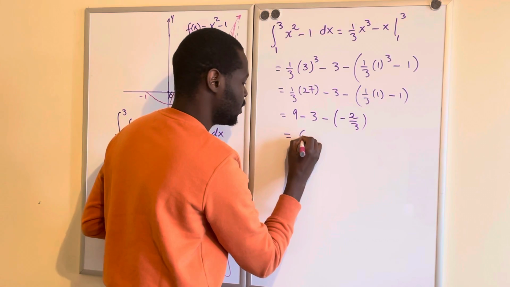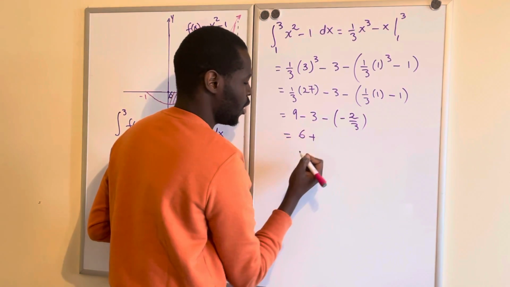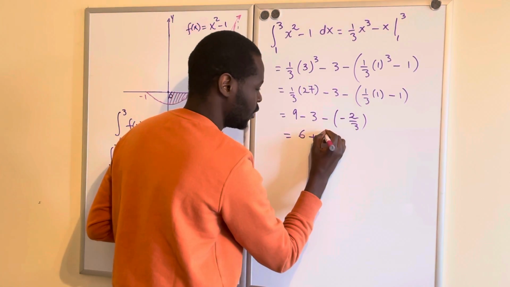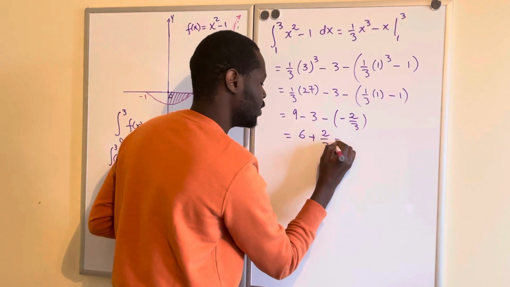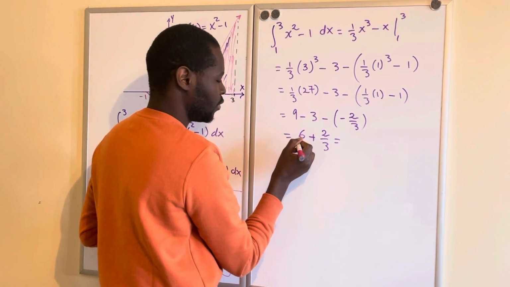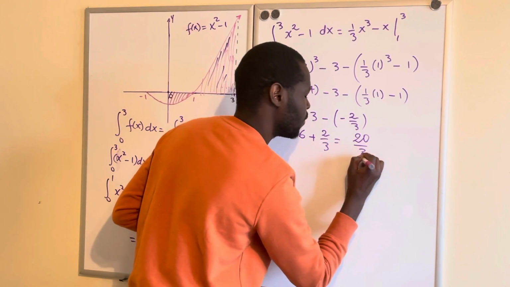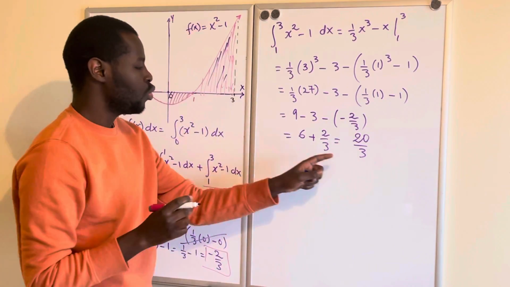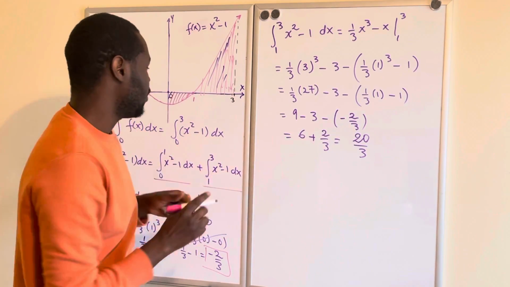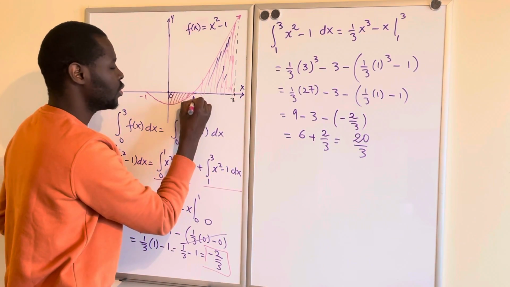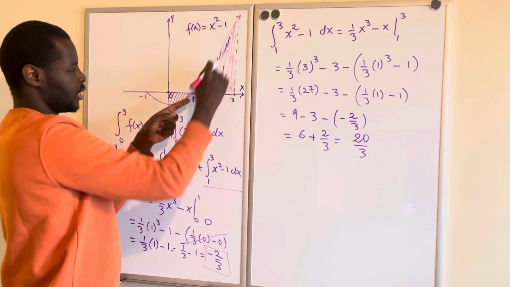And this gives us 6 plus 2/3, since minus a negative is positive. So this will give me 20/3. This will be the area from 1 to 3, so it's this area right here.